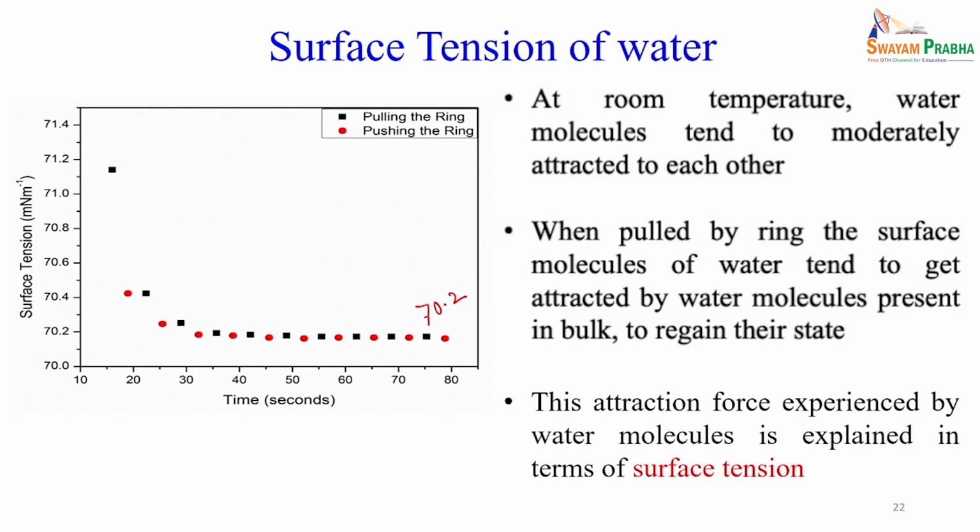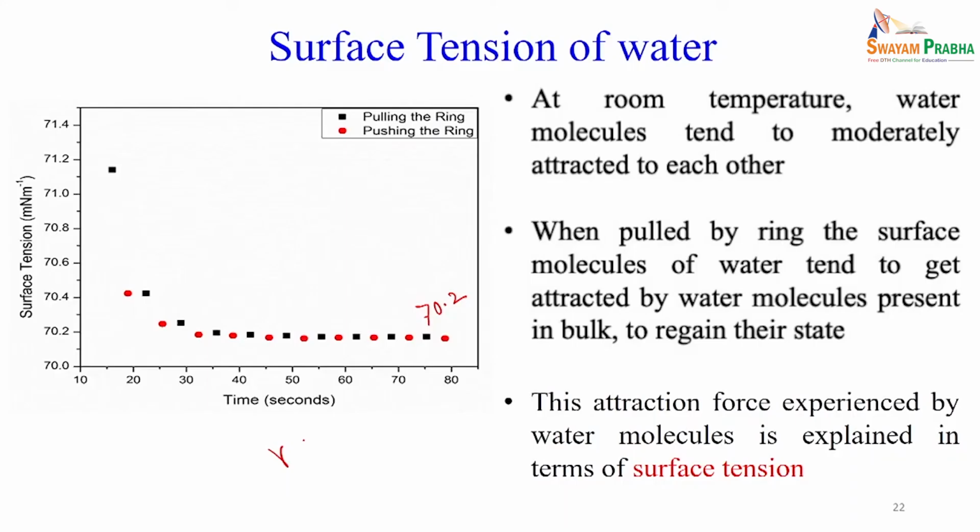So, as I discussed, we are measuring the surface tension experimentally, and the surface tension depends on the work of adhesion and work of cohesion, which is related to the intermolecular forces. As intermolecular forces vary with the temperature, surface tension also depends on the temperature.